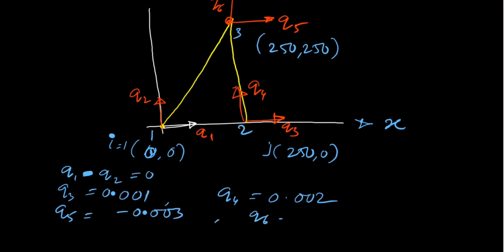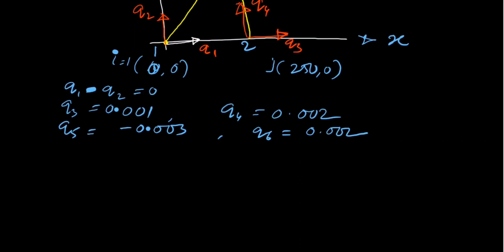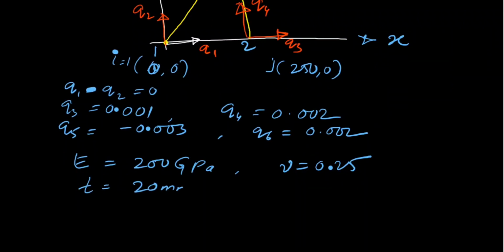Young's modulus is equal to 200 gigapascal, and Poisson's ratio is given as 0.25, thickness t is equal to 20 millimeter, and thermal coefficient 2 into 10 power of minus 6 per degree Celsius, and change in temperature as 50 degree Celsius. So these are the values given in the question.